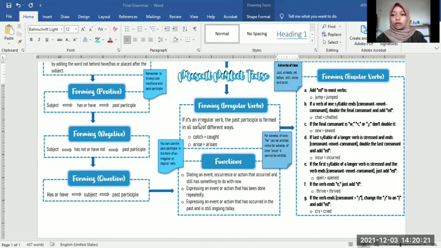This is because the adverb of time can still be understood even though it is not accompanied by a sentence. While for adverbs of time since, it cannot be omitted. This is because it can eliminate the function or use of the adverb of time itself and also the meaning of the sentence.